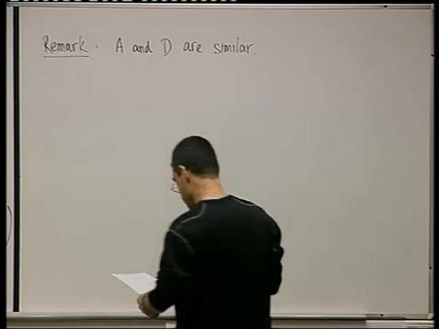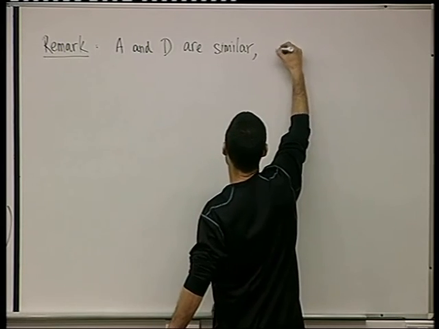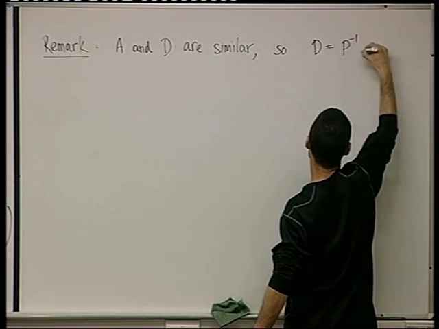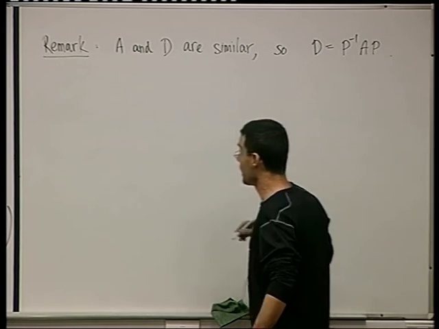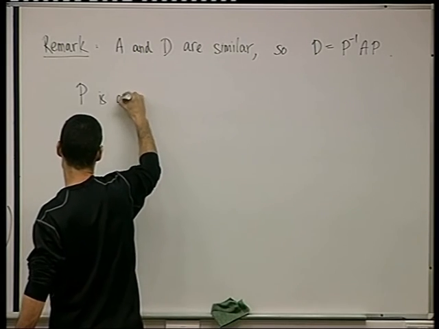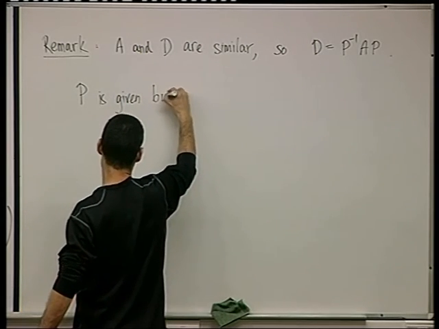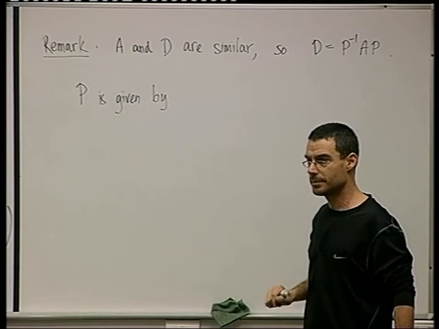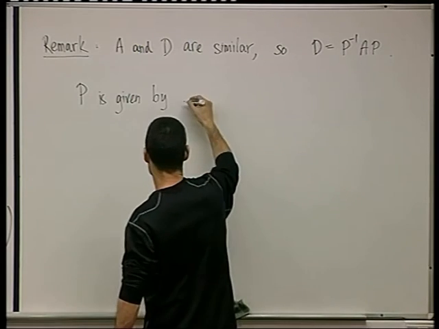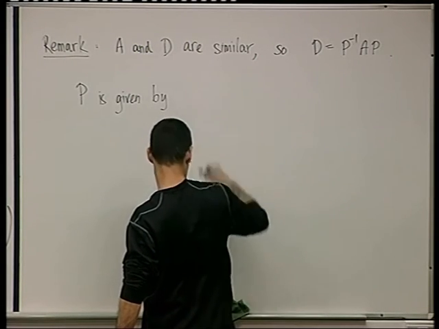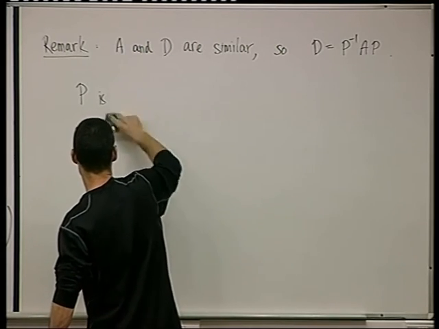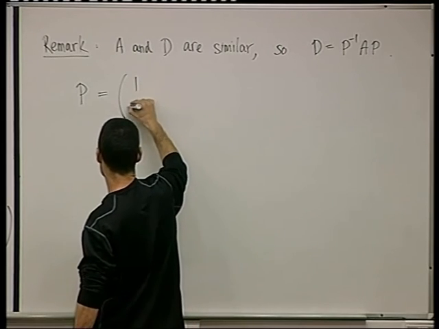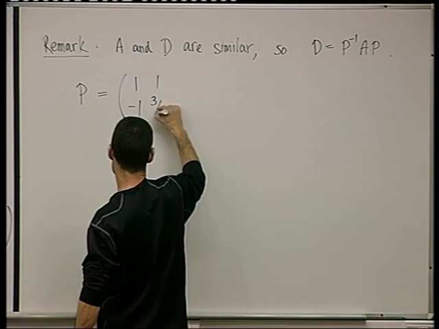Okay, so let me tell you. D equals P inverse AP. P is given by taking the eigenvectors as columns. P equals, the eigenvectors were what? 1, -1, and 1, 3/2.